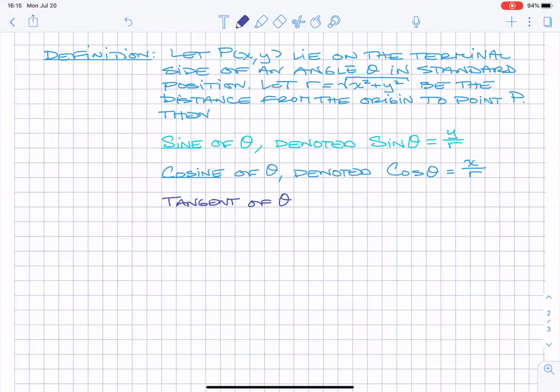So we're defining tangent of an angle theta, and that's denoted tan of theta. That's going to be y over x. So notice that that would be the quotient of the two above because I can reduce the r's. So there's a reason I do this in the order I do.